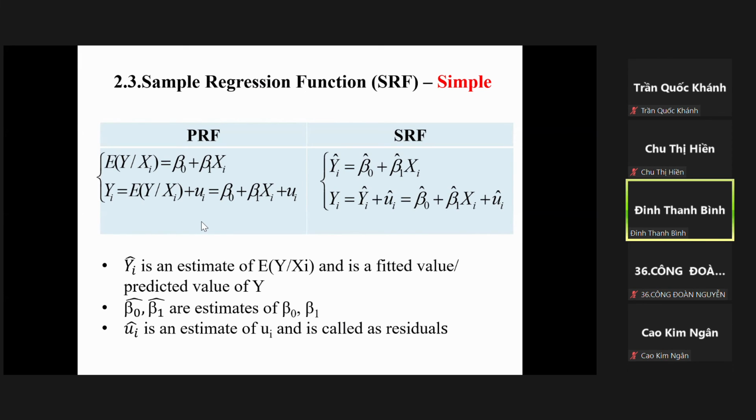Thế thì hàm hồi quy sẽ phản ánh được đường hồi quy, được chưa ạ? Chính vì vậy chúng ta có dạng biến phụ thuộc là kỳ vọng toán có điều kiện của y, và dạng thứ hai có thêm yếu tố u. Và các em phải học thuộc. Tất nhiên là về sau chúng ta sẽ làm bài tập.